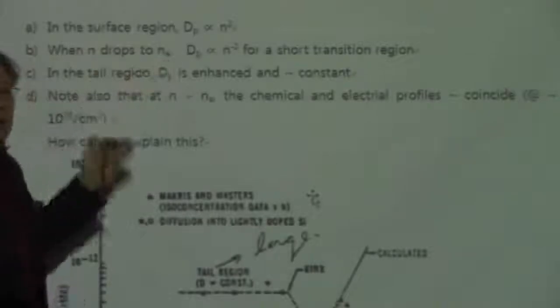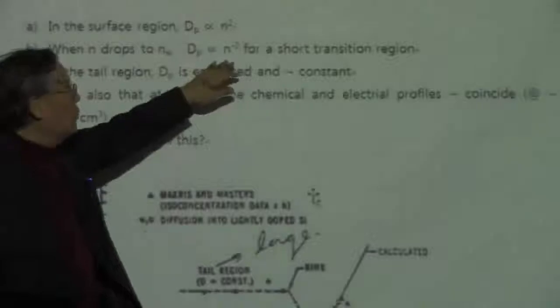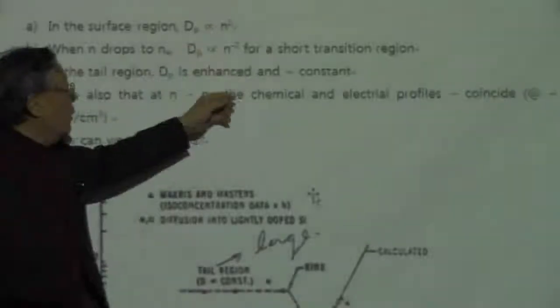Okay, so when the phosphorus concentration is equal to the electron concentration, meaning we have full ionization, then the diffusion coefficient is proportional to n to the minus 2, not the positive plus 2, for the short transition region.